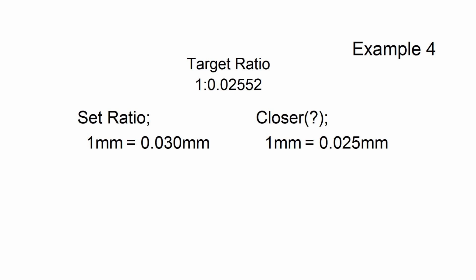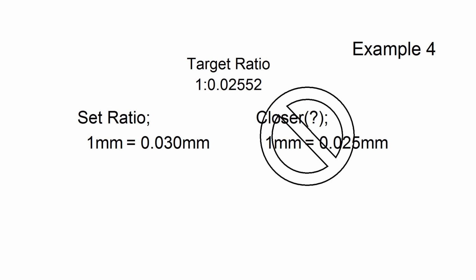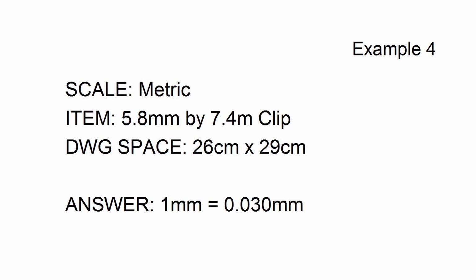But in terms of our numbers, if we do 1 millimeter equals 0.025 millimeters as the scale specification, it's not going to fit in this 26 centimeter by 29 centimeter available space. It'll be very close, but it's not going to fit. So with our context of our class, that is not going to work. We need to select a metric scale of 1 millimeter equals 0.030 millimeters, and we'll have some extra margin in the drawing space.